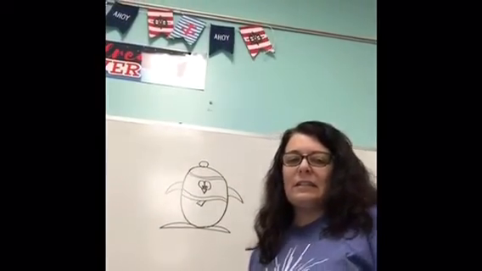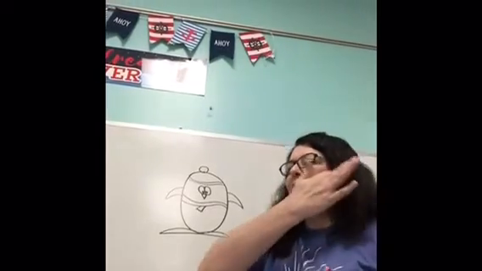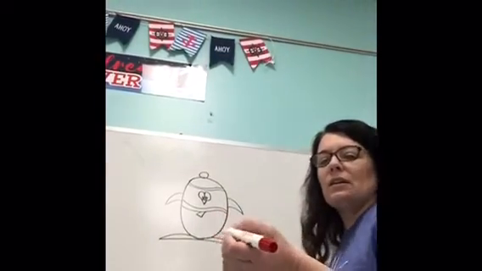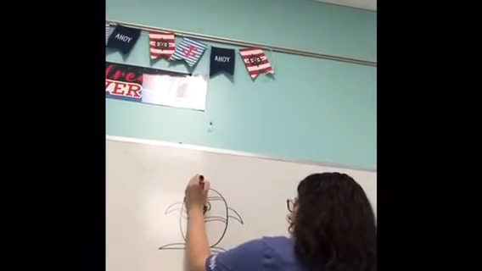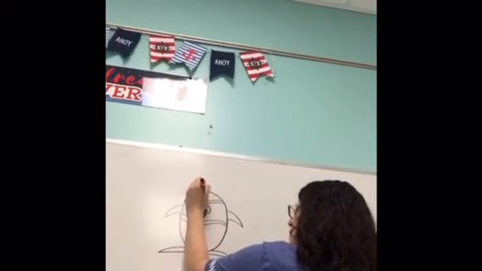And he's kind of hard to see, so we're going to help him out a little bit. Take out a color for his hat. My hat is going to be red, but your hat can be anything you want.